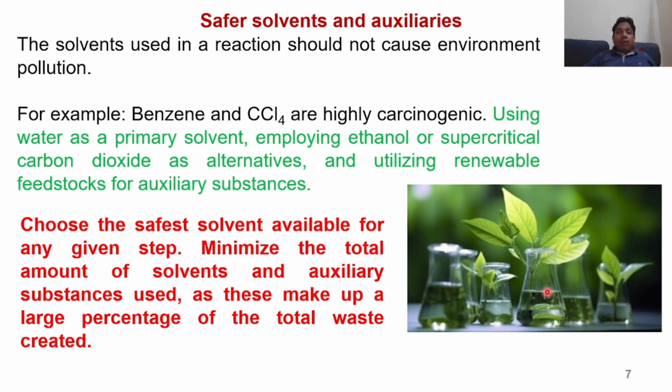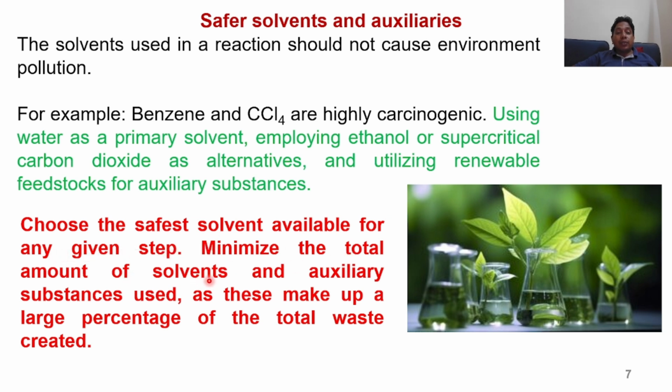So, by avoiding such carcinogenic solvents, use some green solvents like water or ethanol, supercritical carbon dioxide, etc. Such alternatives may be used for reducing the harmful effects of the solvents, and also utilizing renewable feedstocks for the auxiliary substances also minimizes the health hazards. So that is the reason, choose the safest solvent available for any given step in the process.